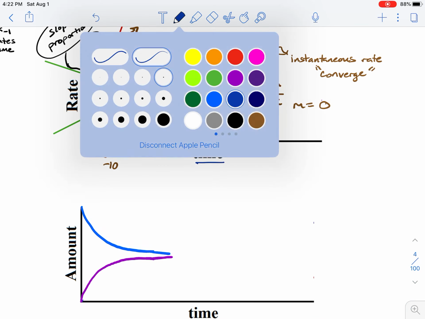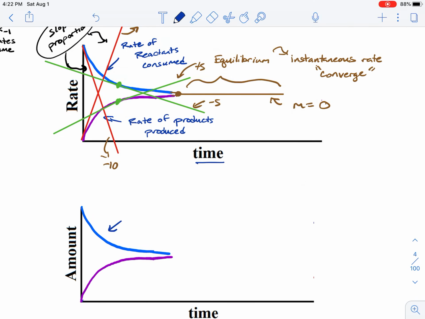And so here, this blue line is going to represent reactants consumed, specifically amount instead of rate. And then this is going to represent the amount of products produced.